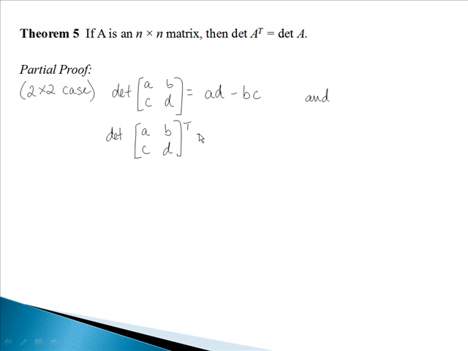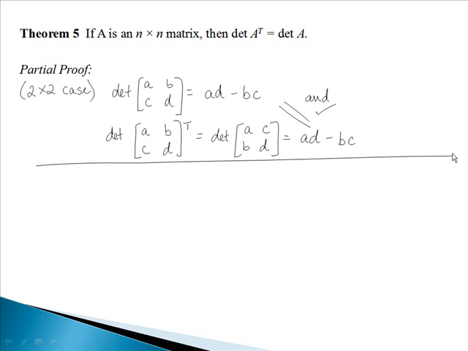The transpose would be [A, C; B, D], and the determinant will still be AD minus BC, or C times B. So it is the same. And we've shown in a 2 by 2 that the determinants are equal for the original matrix and the transpose.